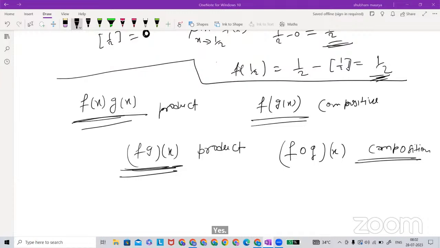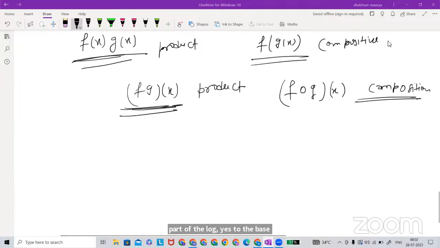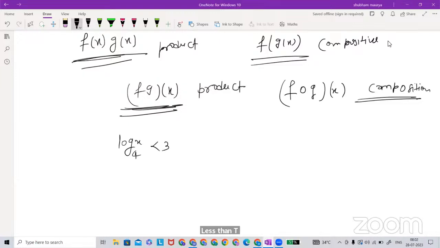Sir, if log x to the base 4 is less than 3, then what value of x will we get? If log x to the base 4 is less than 3, yes, sir.